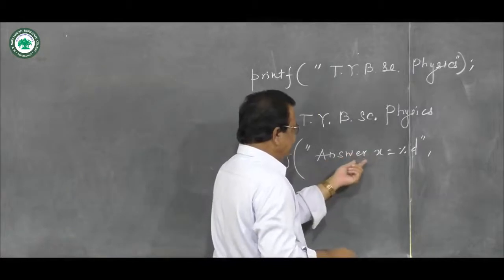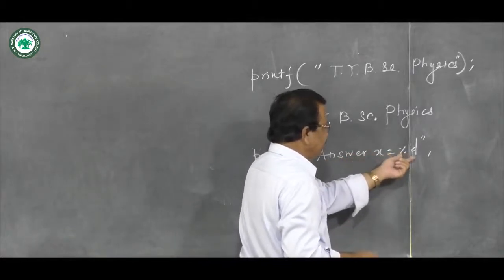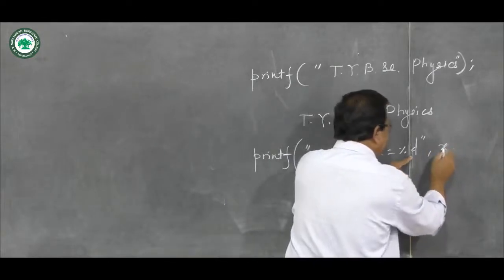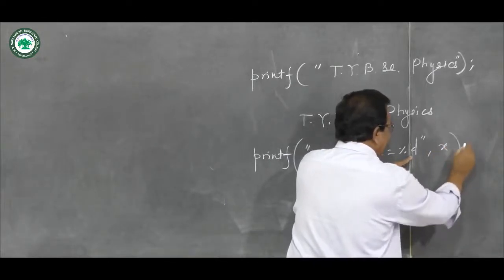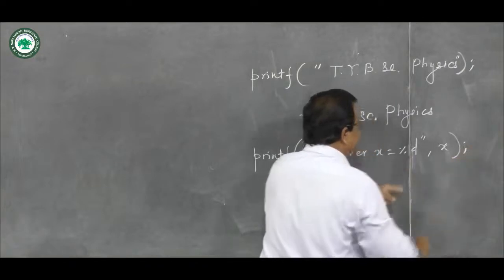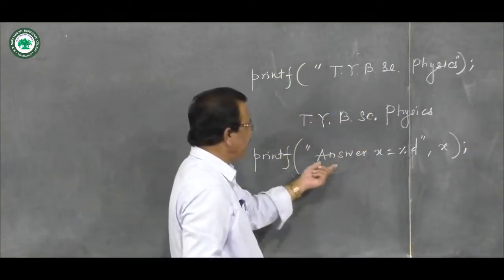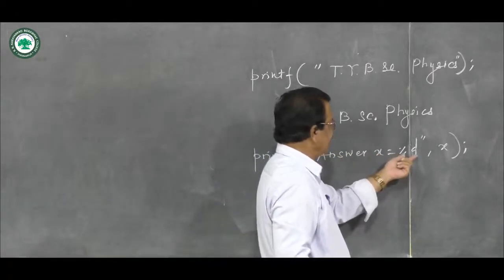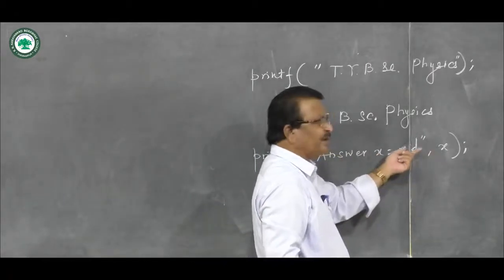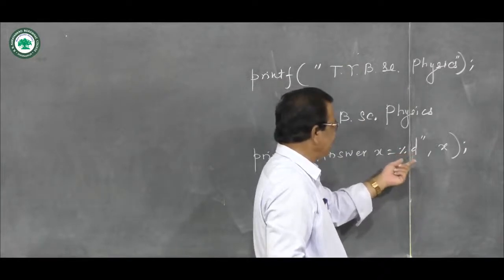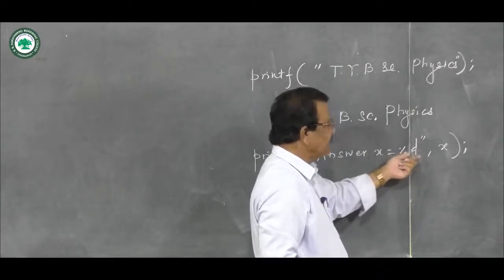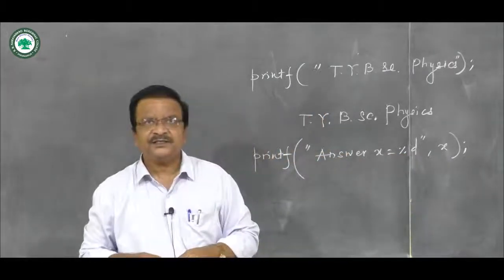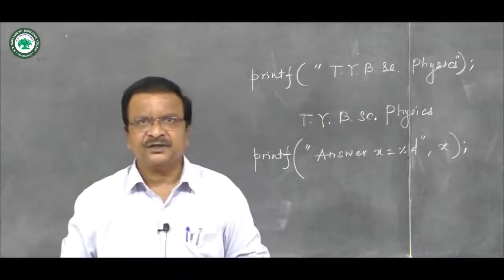So here I am saying answer x equal to %d, and in place of %d, what I am printing is value of x, and then semicolon. So this will print as answer x equal to something like 2. If it is float, then 2.5, 3.8, etc. If it is integer, x is equal to 5, 7, etc. So these are additional features of printf function.